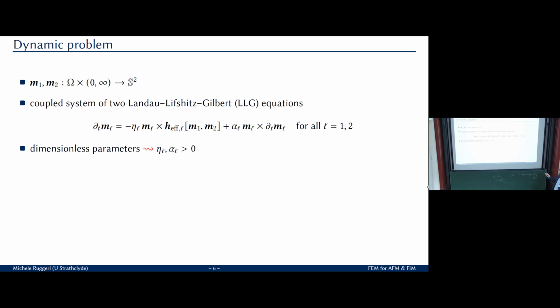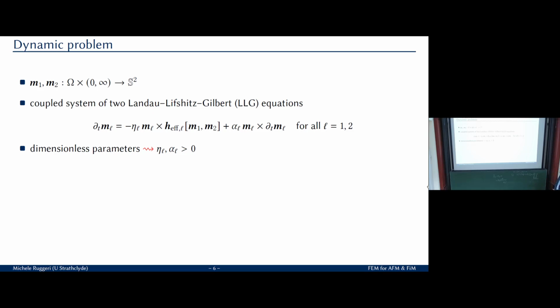Formally it looks the same, but again the difference is that the effective field now will depend on both fields, so they will be coupled via the expression of the effective field. Eta L and alpha L are dimensionless parameters, with alpha L having the meaning of damping.